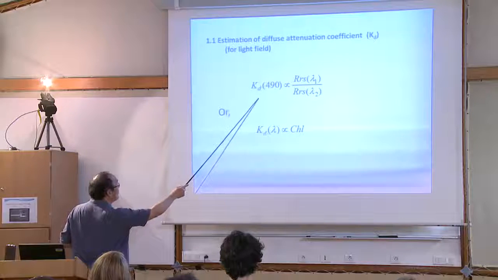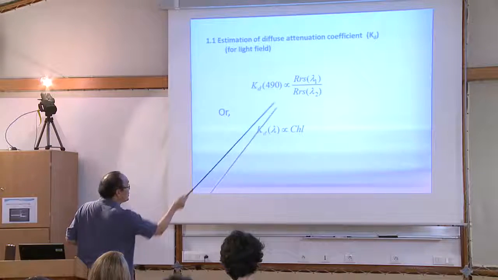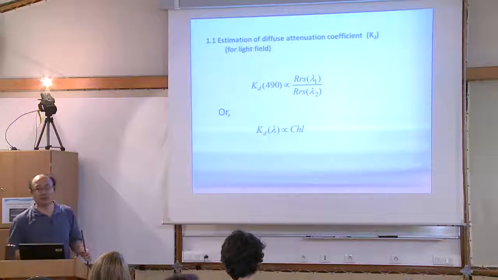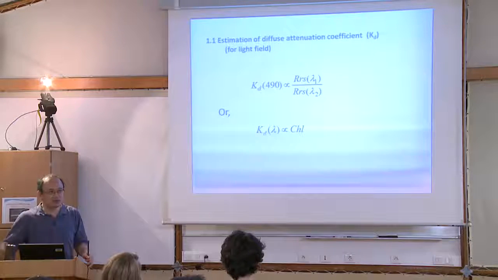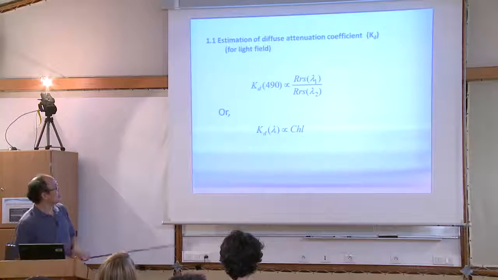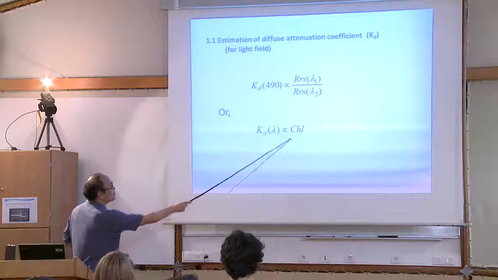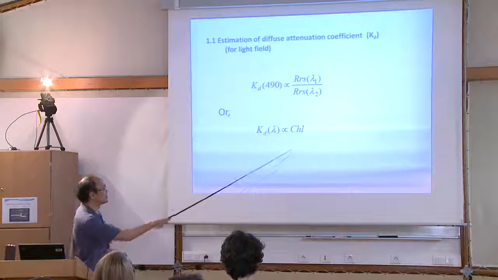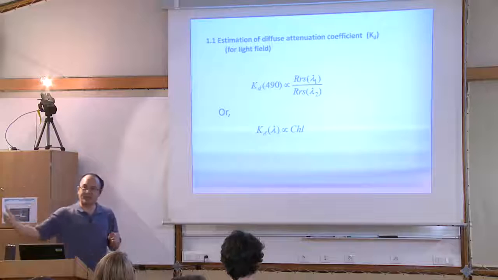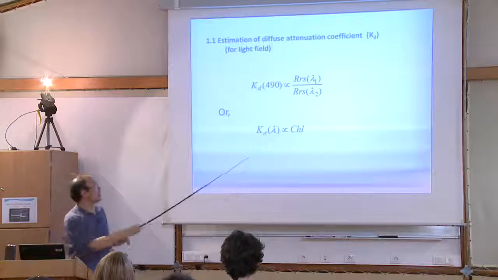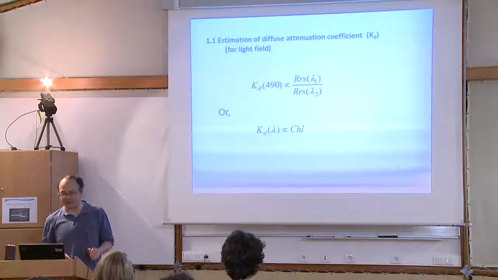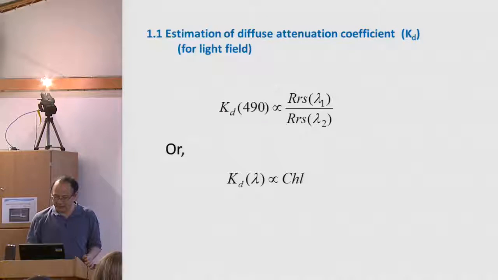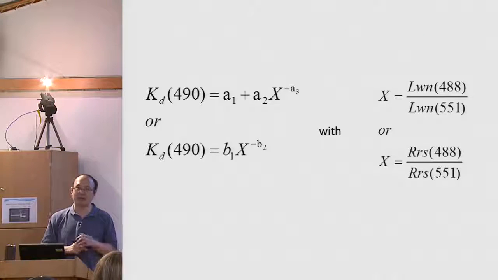Basically, that KD 490 is also estimated from the ratio of Rrs at lambda 1, basically the blue to green ratio, okay? All KD can be estimated from the chlorophyll. That's the Morel system. You know the chlorophyll, you put it in that empirical relationship, then you can also get KD at different wavelengths. Then let's take a further look at this simple ratio-derived KD.